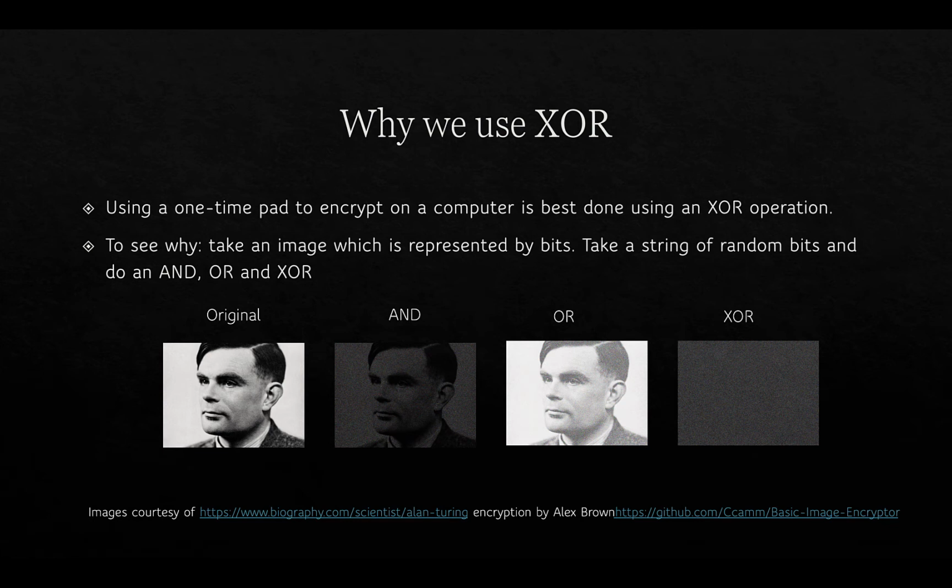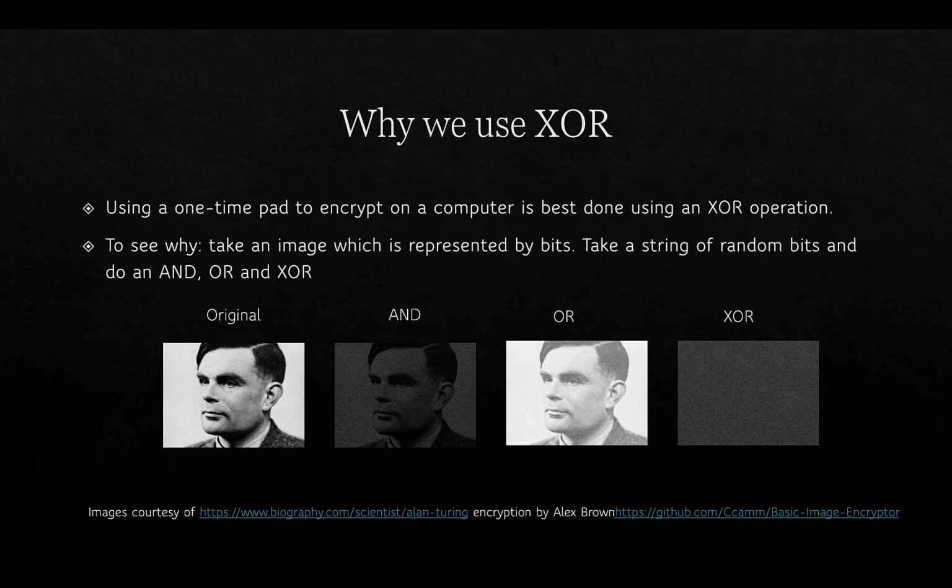So basically, if we take an image which is represented in fact by a set of bits or binary data, and in this case an original image of Alan Turing on the left there, and we take a random key and encrypt it using an AND operation, you can see in the second image that large parts of the image are still visible. So in effect, it hasn't changed all of the bits to something different.